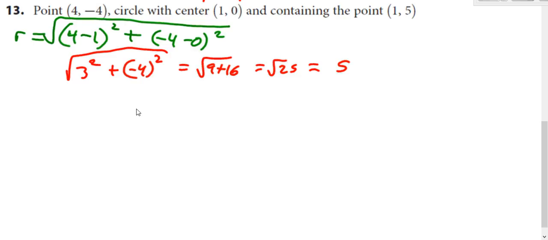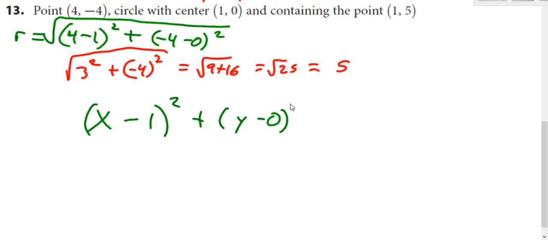So the equation of our circle, x minus h, so x minus 1 squared, plus y minus k, which is 0, equals r squared. Take those points, 1, 5, those numbers, plug them in for x and y.